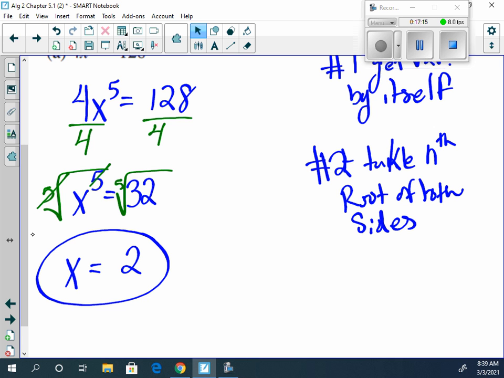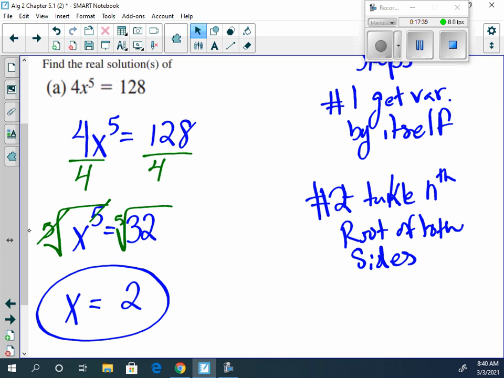If it was 0, we got one solution. If it was positive, we got one solution. And that's really what this is coming back to. The only time we'll get more than one solution is if it's an even root and the number inside the radical is positive. Is the only time we'll have 2. So here we'll just have 1.